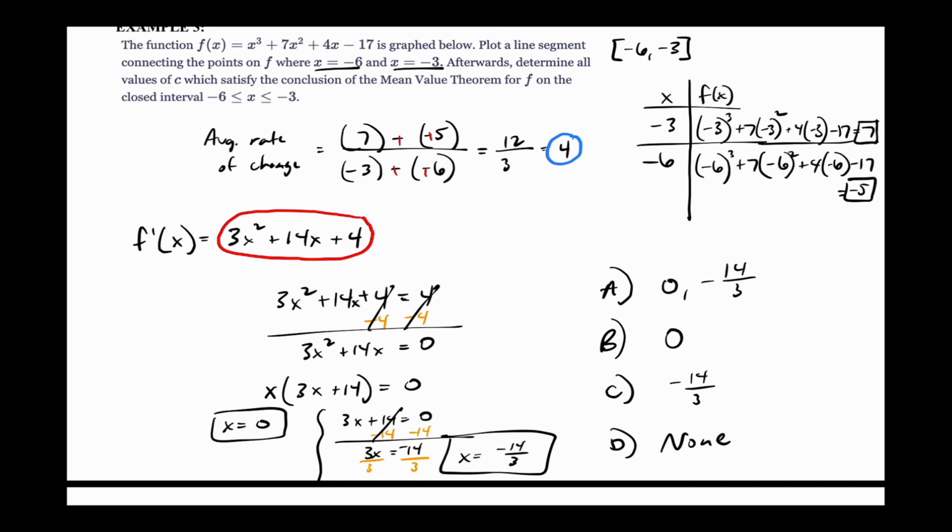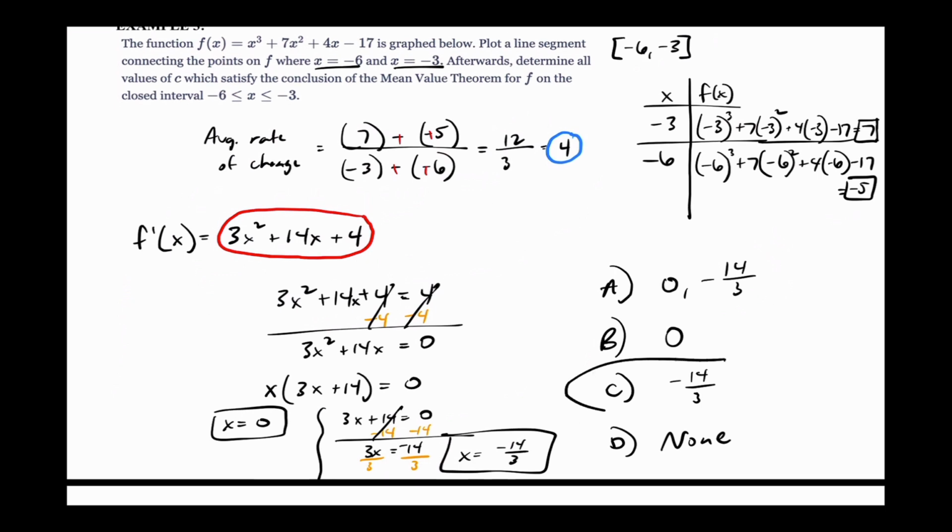Why C? 0 is not in the interval. So 0 will have a slope of 4, but I don't care because it's not in the interval. So C is my answer because that's the one in the interval. So 0 works, but I don't care because it's not in the interval. Okay.